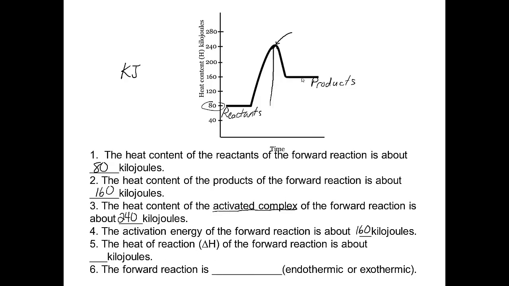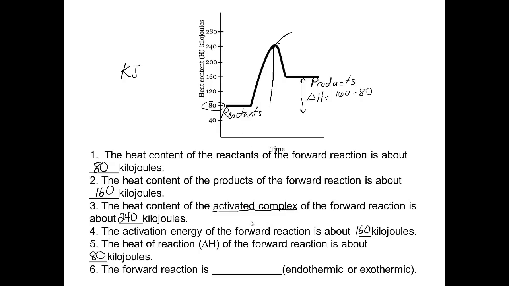Okay, heat of reaction in the forward reaction. What was my heat of reaction again? That's this. Remember, heat of reaction is the difference between your products minus reactants. So products are at 160, reactants are at 80, so 160 minus 80, so the heat is 80 kilojoules.